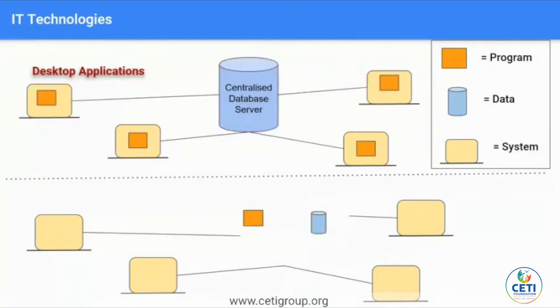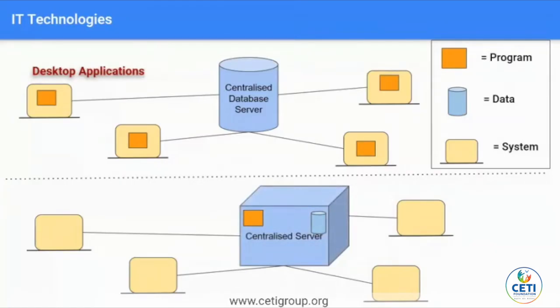The issue again was that if there was an update in the application, it was repetitive: you had to go to different systems and ask them to upgrade their application. Then later came a totally centralized server in which even the application can be put on the network. Now you have dummy workstations, and you can have applications and data both on the server. This saves you the effort and inconsistency.